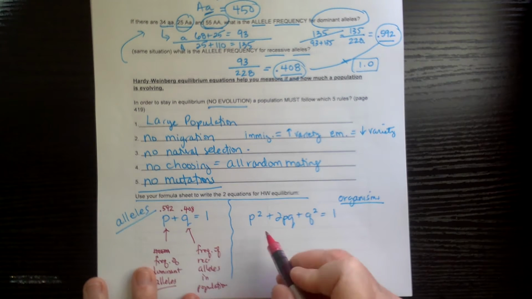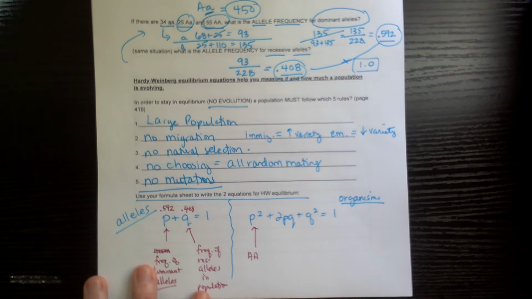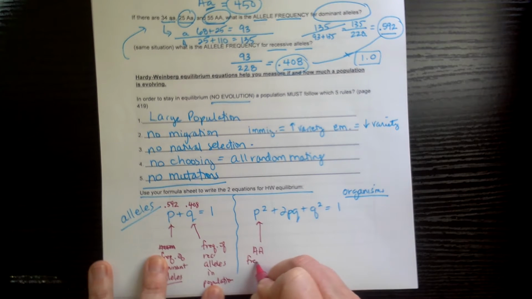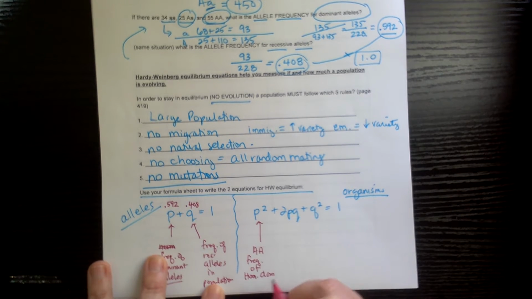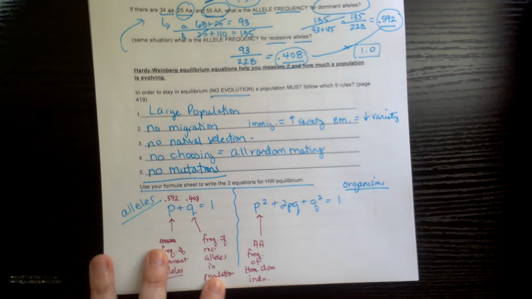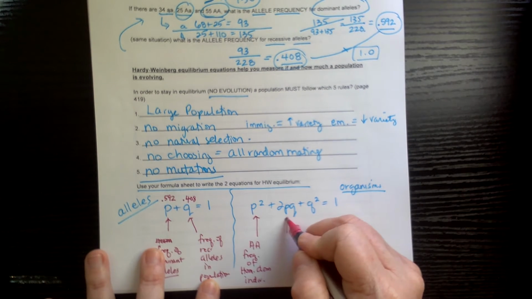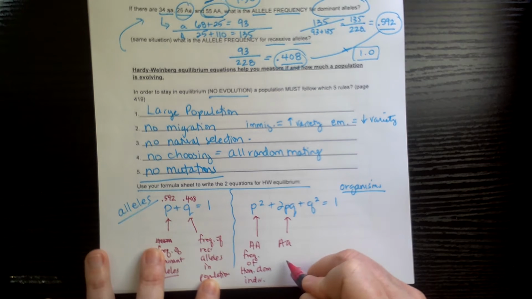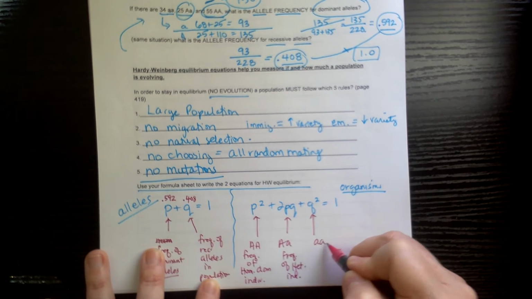All right, so over here in the second formula, this stands for organisms that are homozygous dominant. So this is the frequency of homozygous dominant individuals in the population. So that's actual numbers of organisms, or the frequency, the percentage. This stands for heterozygous, the frequency of heterozygous individuals in the population. And this stands for homozygous recessive.